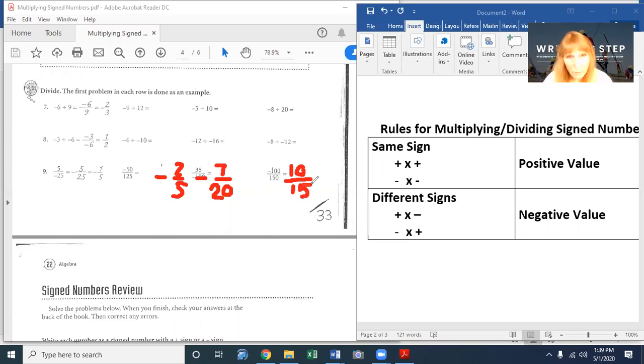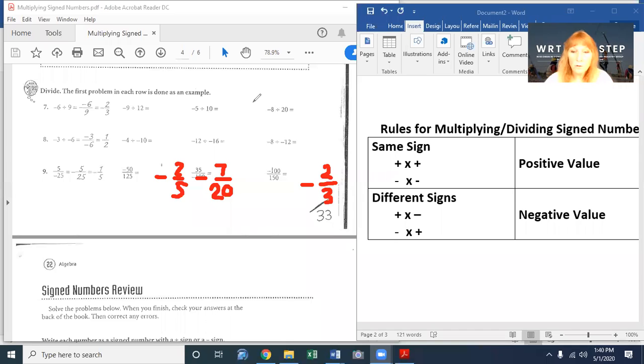And then I'm going to divide by another 5. And I'm going to get 2/3. And then I have a negative top, positive bottom, different signs. The answer is going to be negative. So let me get rid of my intermediate step. And the answer will be a negative 2/3. So far, so good? Awesome.